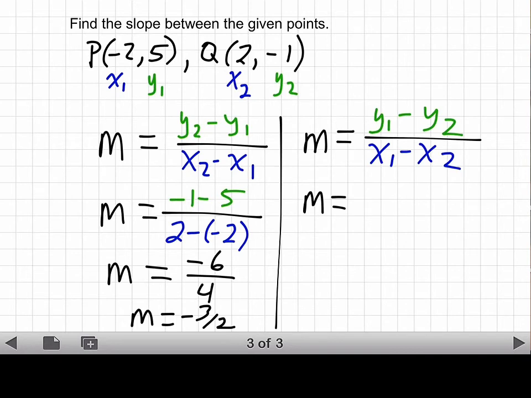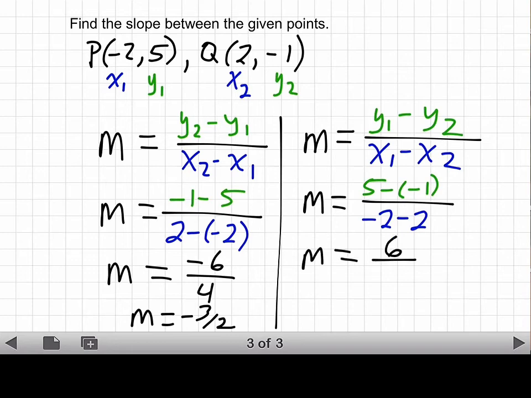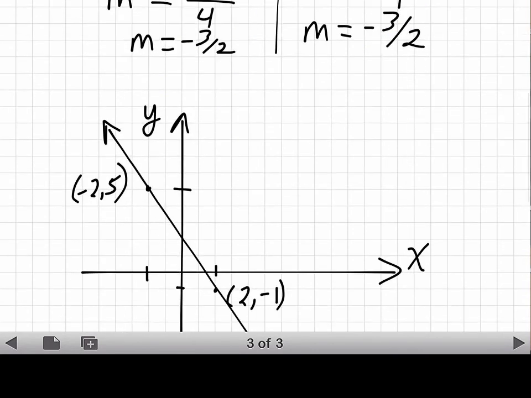This just means we're going to switch the coordinates, and so we're going to have 5 minus -1 as our change in y, and -2 minus 2 as our change in x, and in the numerator we end up with a positive 6 and the denominator a negative 4. Notice that the fraction reduces to the same number, -3 over 2.